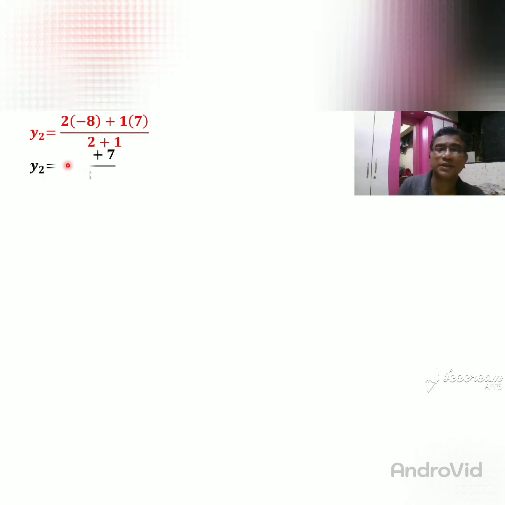Minus 16 plus 7, divided by 3. 16 is negative, 7 is positive, signs are not the same, so subtract. 16 minus 7, what remains? Why do we subtract? Signs are not the same. So what remains? 9.